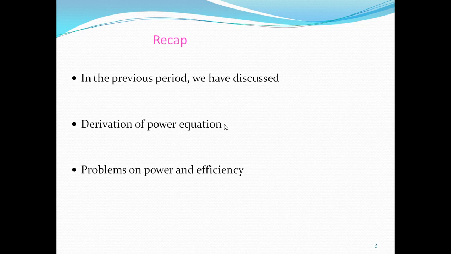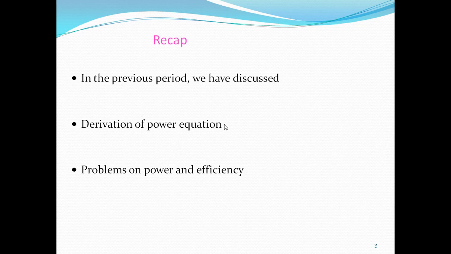The back EMF equation is Eb equal to square root of Er square plus V square minus 2 V Er cos theta, where theta is the internal angle, tan inverse of Xs by Ra, where Xs is the synchronous reactance and Ra is the armature resistance.